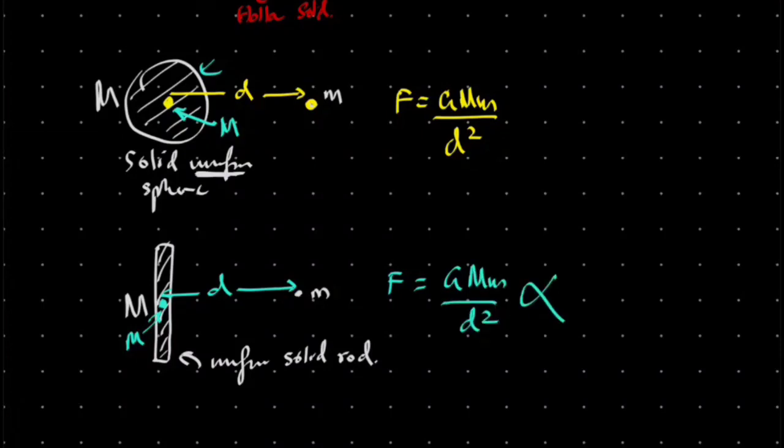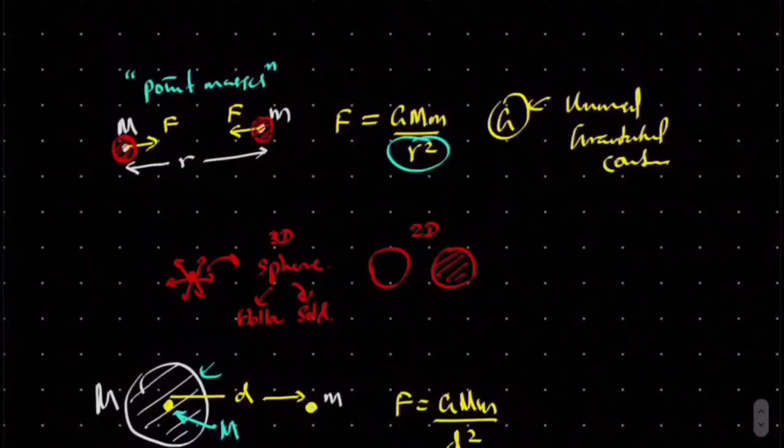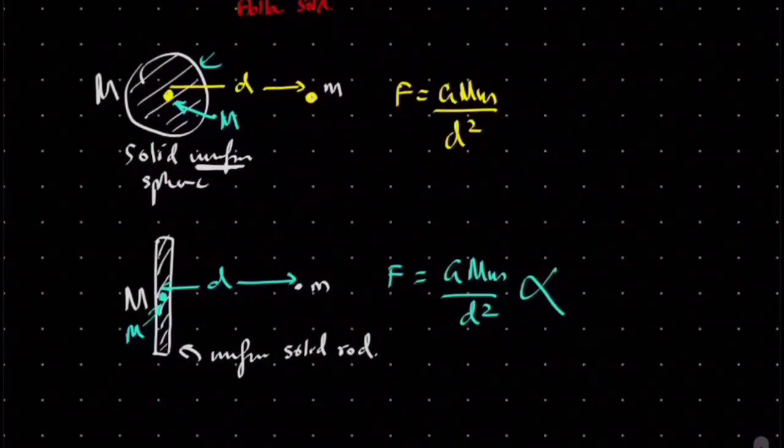No, this is wrong, because it's not the distance between the centers of mass. This equation is not for any two masses, it's for point masses. That's a specific thing. So if you're not using it for point masses, then you have to be careful in your wording.